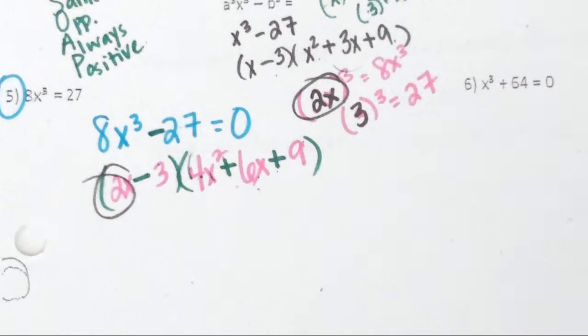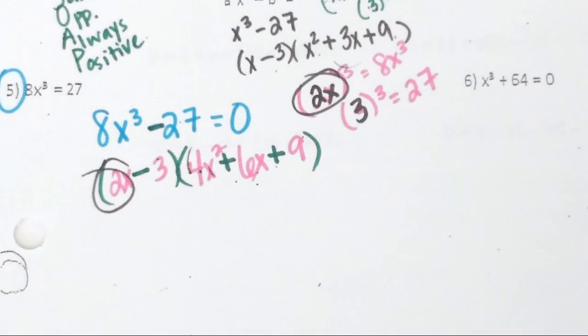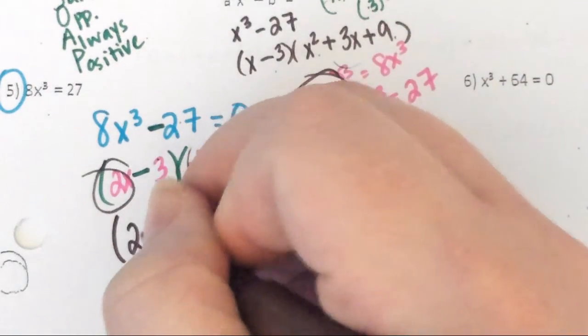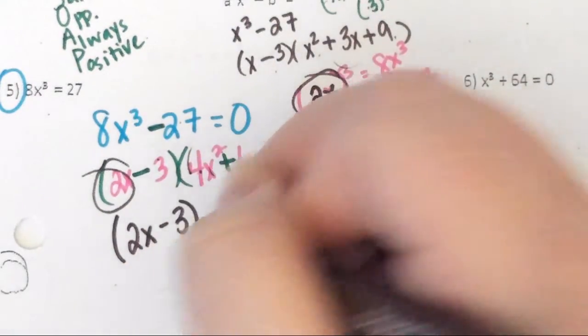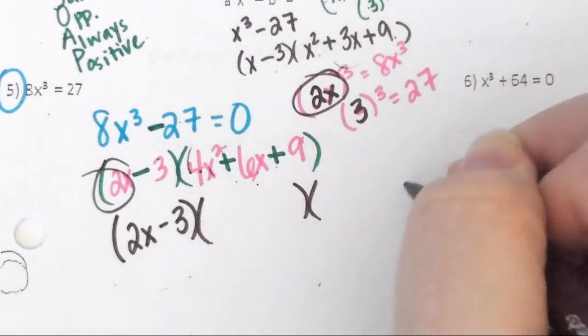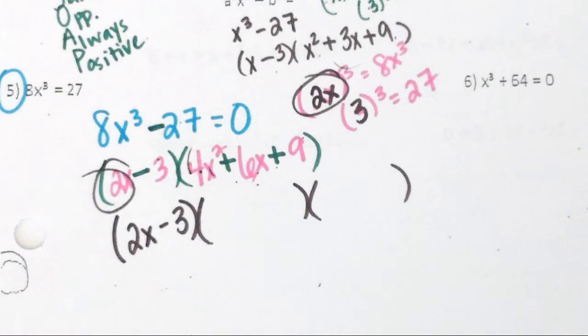And we are not done with this problem because we need to get the zeros. We can't reduce that any. That's good to go. We can further factor this.